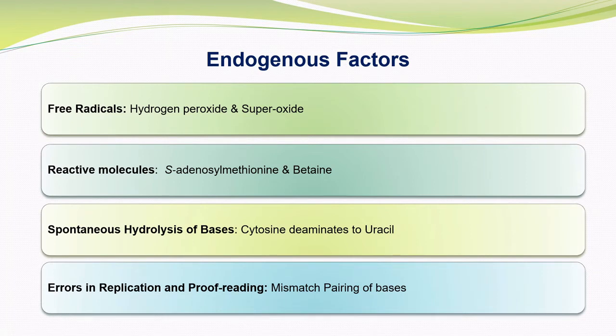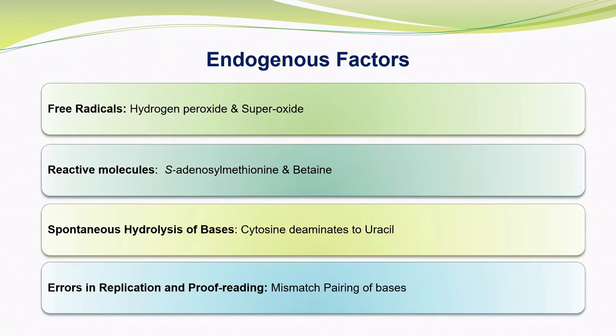The major source of endogenous DNA damage or modification is the intracellular metabolism, which produces free radicals like superoxide and hydrogen peroxide. Living cells also contain reactive molecules like S-adenosylmethionine and betaine. These chemicals add alkyl groups to DNA, and alkylation of DNA interferes with replication.